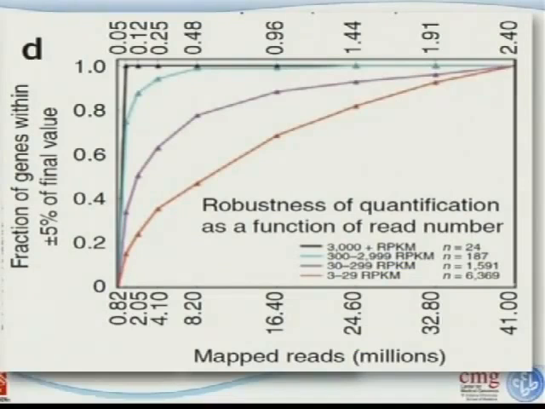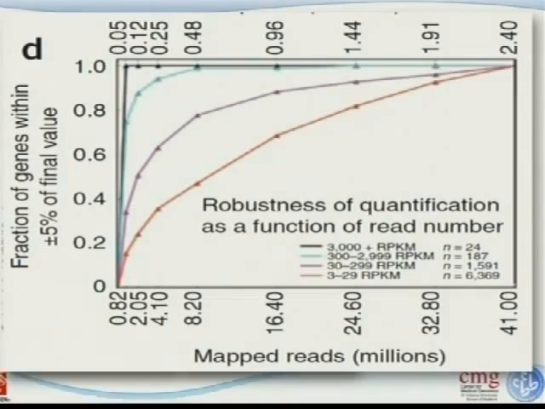So the fraction of genes within plus or minus 5% of the final value is 100%. However, once you get to the blue one, which is 300 to 3,000 RPKM, you can see that it starts to tweak a little bit, and you can get 100% accuracy once you get about 8 million mappable reads.